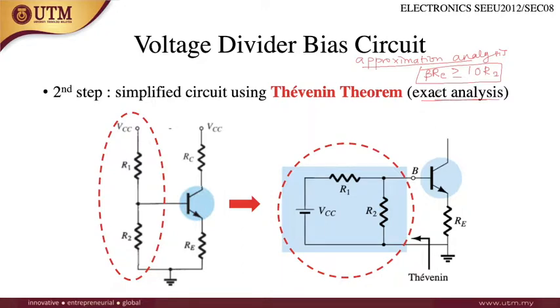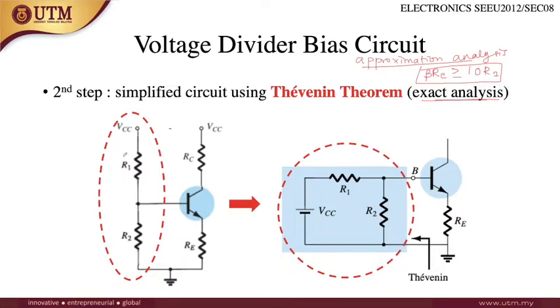For exact analysis, if you are using the Thevenin theorem for a voltage divider circuit, there are two resistors parallelly connected, so what you have to do first is simplify the circuit.